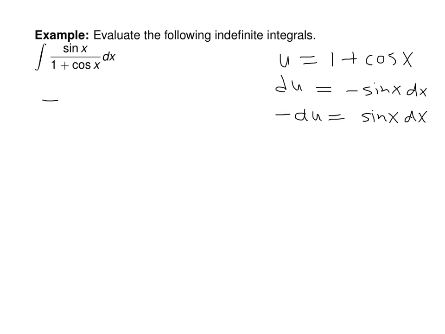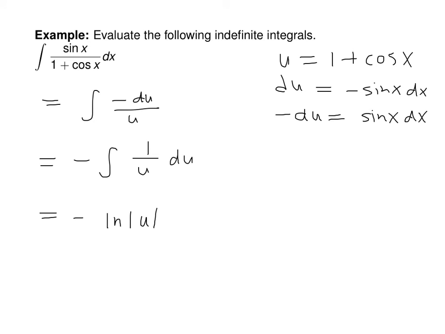So this becomes negative du over u, or in other words, negative the integral 1 over u du. Now the antiderivative of 1 over u is ln absolute value of u plus c, and plugging in what u is, negative ln absolute value 1 plus cosine x, plus c.